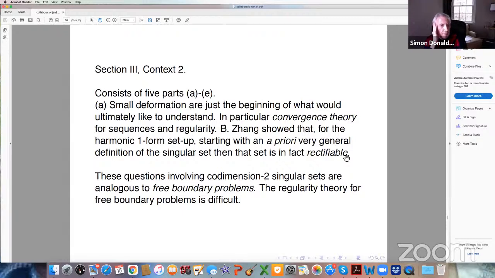To give some context, the questions we're discussing involving these codimension 2 sets are, as we mentioned, analogous to free boundary problems, and the regularity theory for free boundary problems is a difficult topic. I shouldn't give the impression that it's a topic I know anything about, but I know it's difficult.